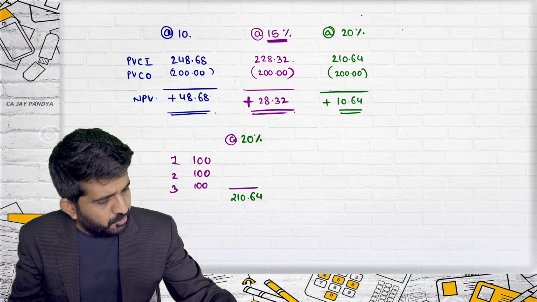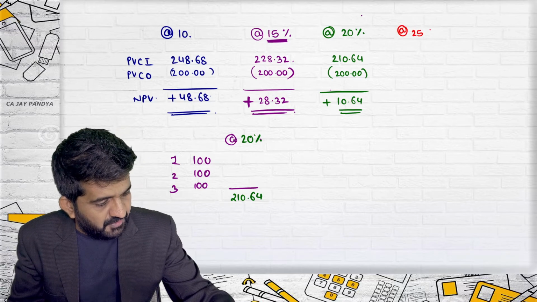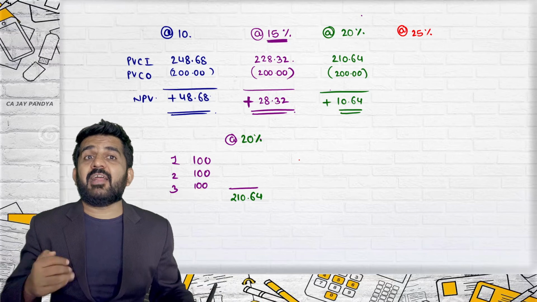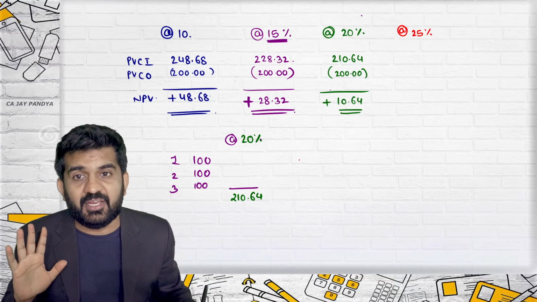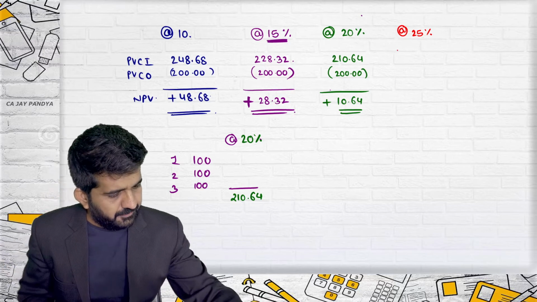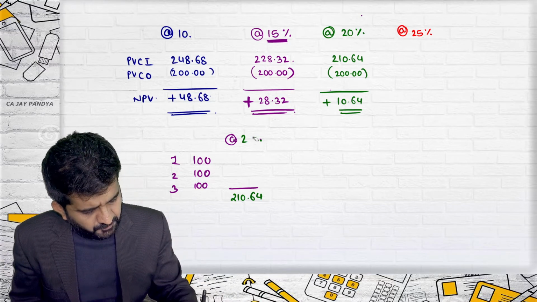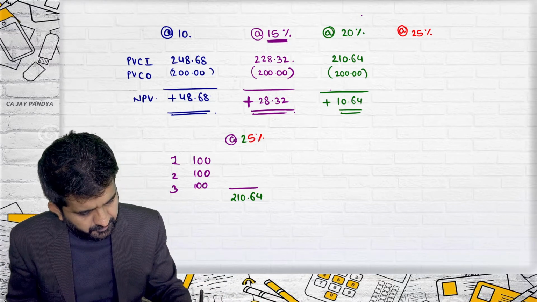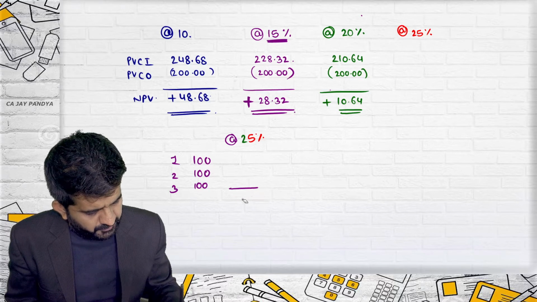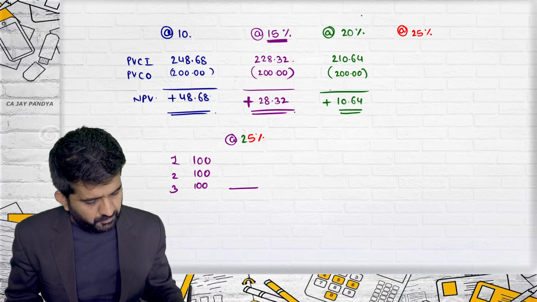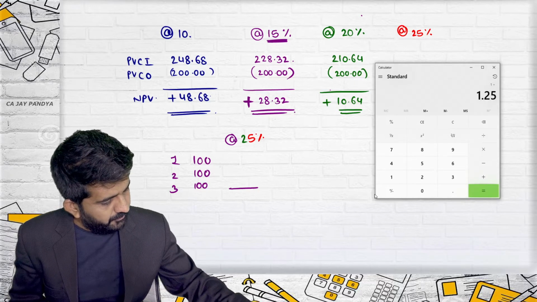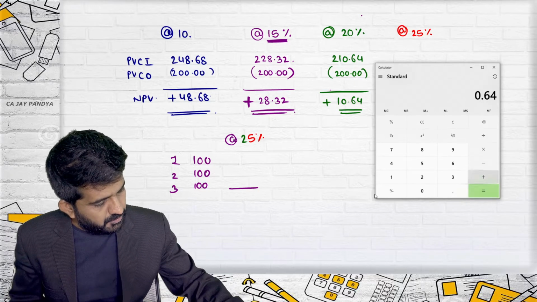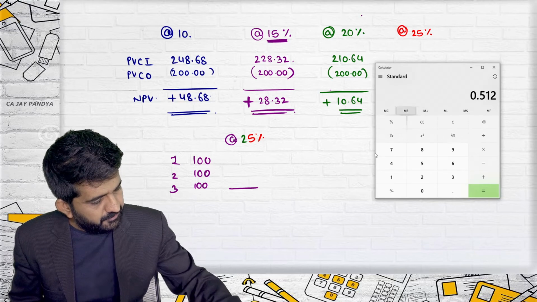Let me do one more trial at the rate of 25%. What are we trying to get? The rate at which NPV is 0. At the rate of 25%, I will have to find out first the present value of cash inflow. 1 divided by 1.25 equals, M plus, equals, M plus, equals, M plus.